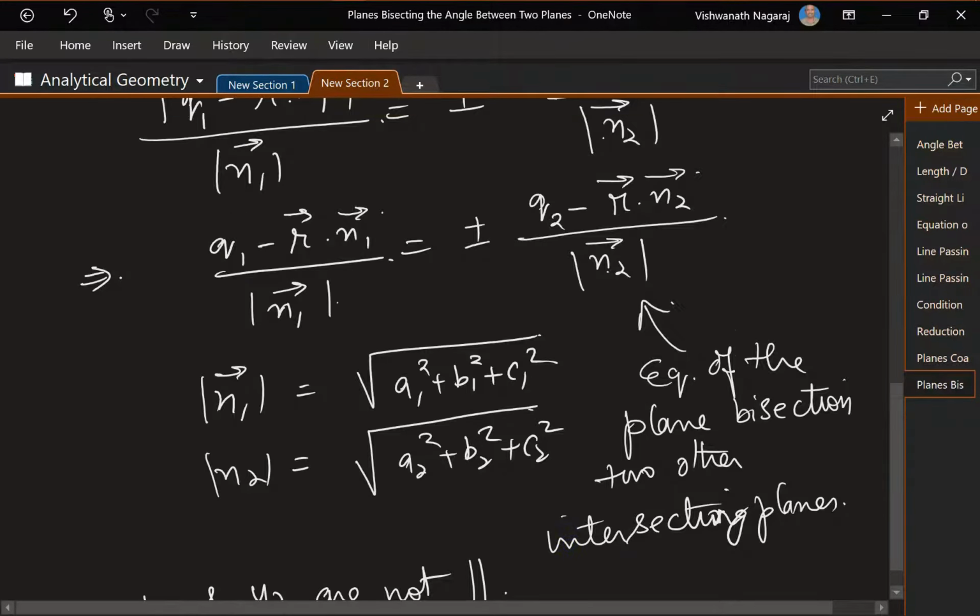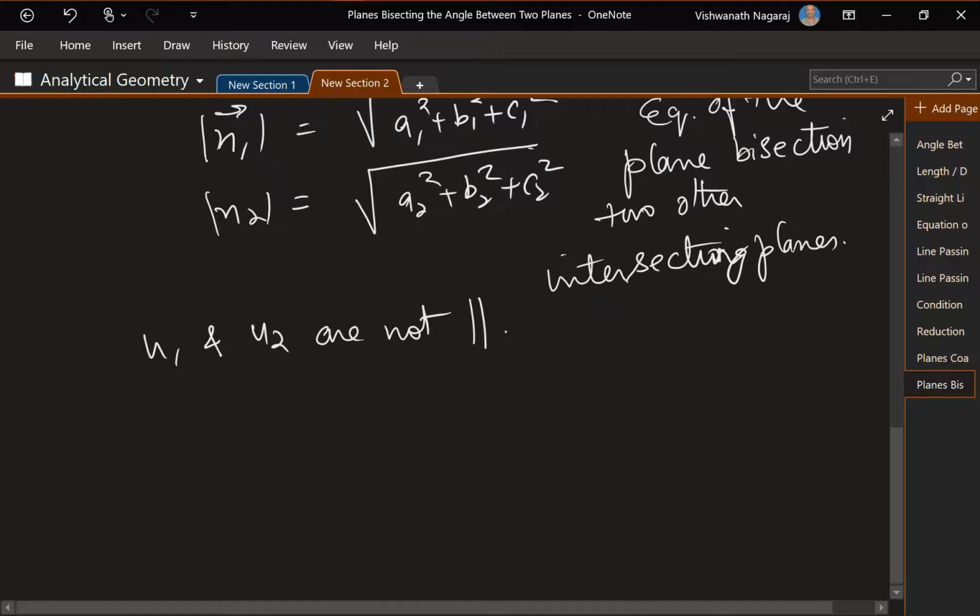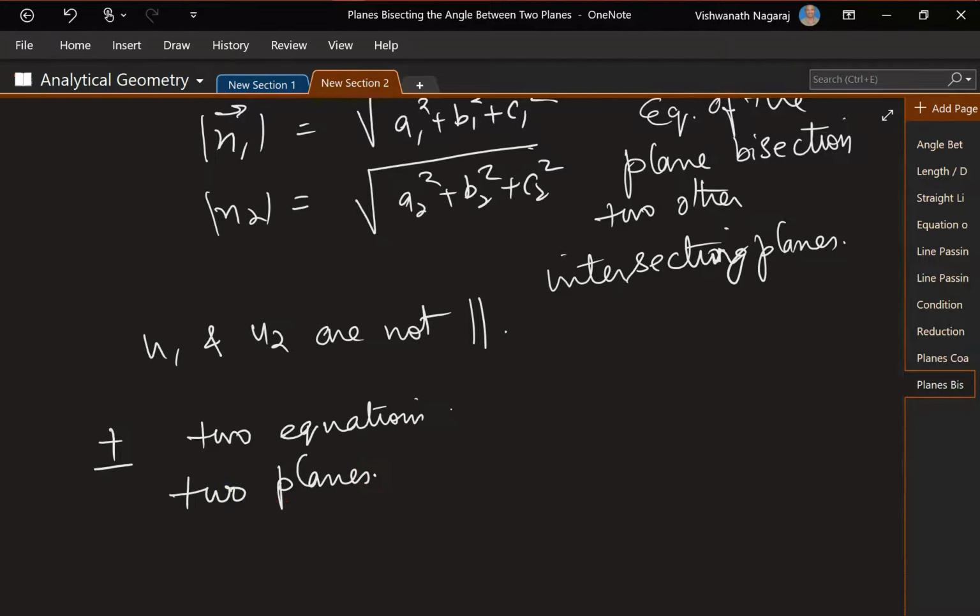Now, if you notice, there is plus minus. That means there are two equations, which means that there are two planes. So what are these two planes? Let's look at it like this.